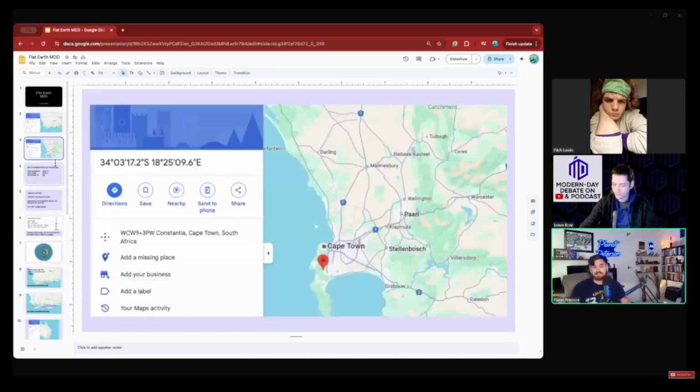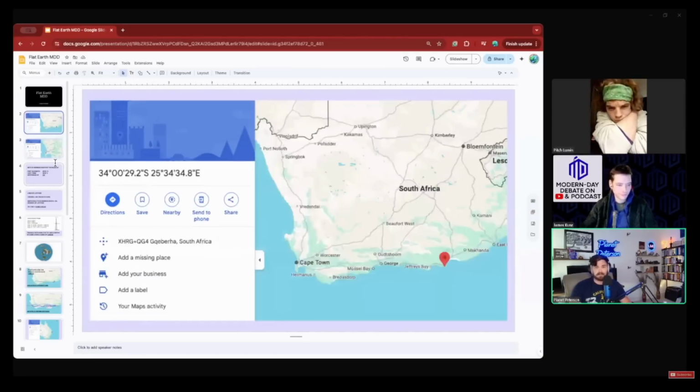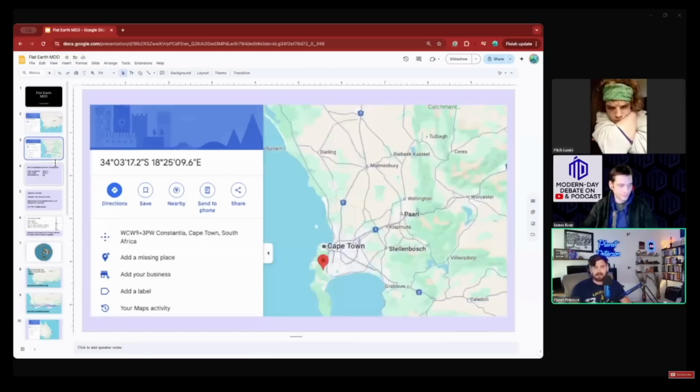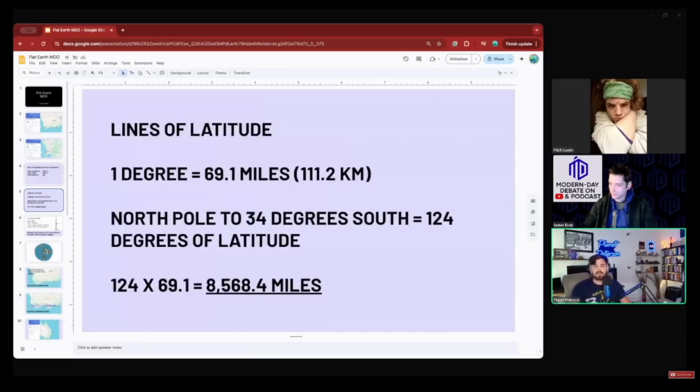And both these towns are at the same latitude: 34 degrees and a tiny bit of change. Now for east to west, it varies because it would vary if the Earth was flat or globe. But north south, if you travel 1 degree, you travel 69.1 miles. You don't have a problem with that?